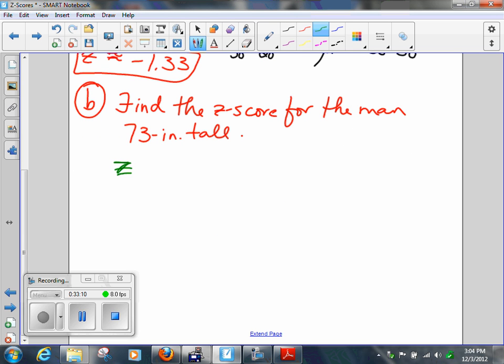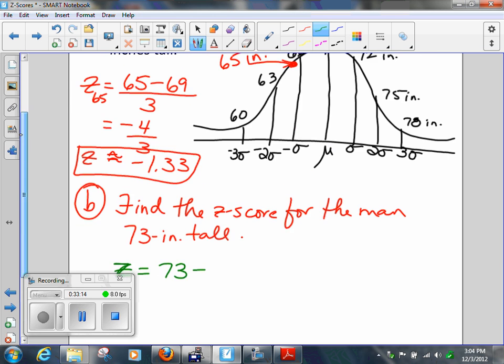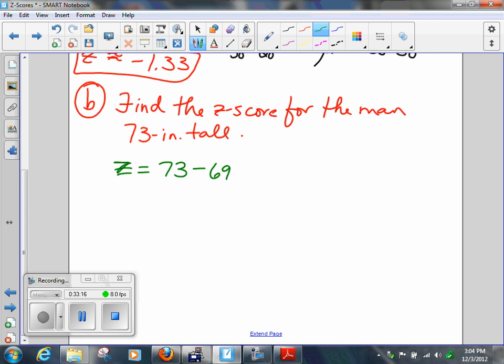Find the Z-score, which is 73 minus the mean, 69. Standard deviation was 3. And that gives us Z is approximately 1.33, repeating, okay?